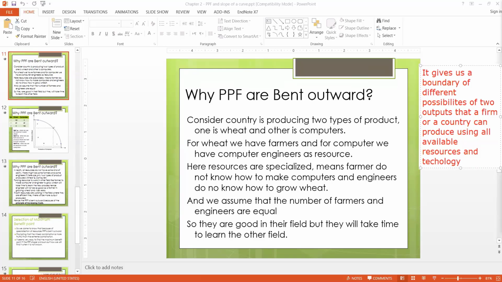So, based upon the available resources and technology, they have to produce two products, and how many products they can produce using maximum utilization will give us the boundary.